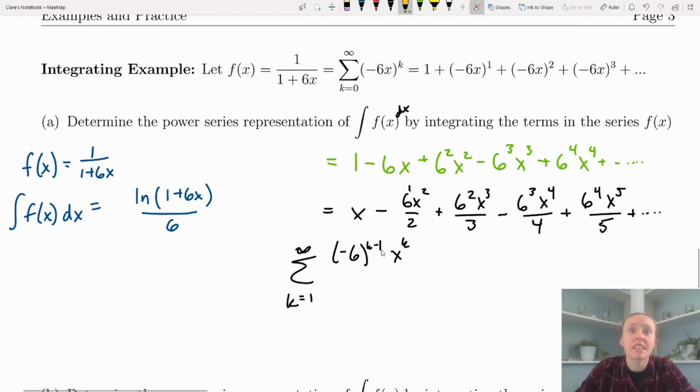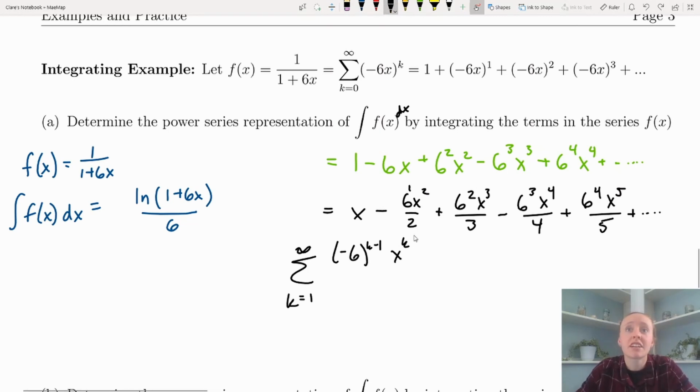And you can see I did k minus 1 because when I plug in 1, I get 0. Negative 6 to the 0 is 1. When I go to a k value of 2, I get negative 6 to the 2 minus 1, which is negative 6 to the first, which is indeed that negative 6, and so on. So feel free to double check, plugging in a couple more k values.